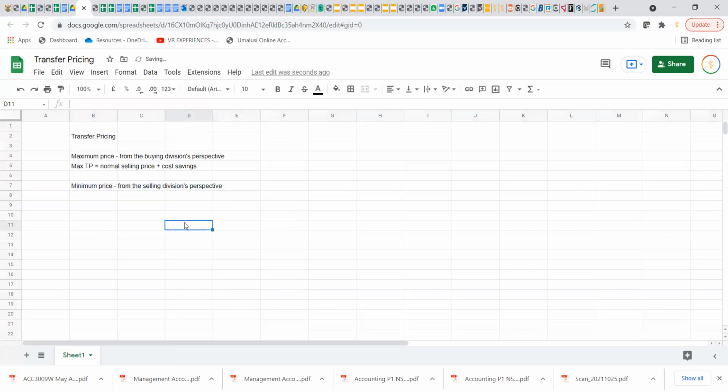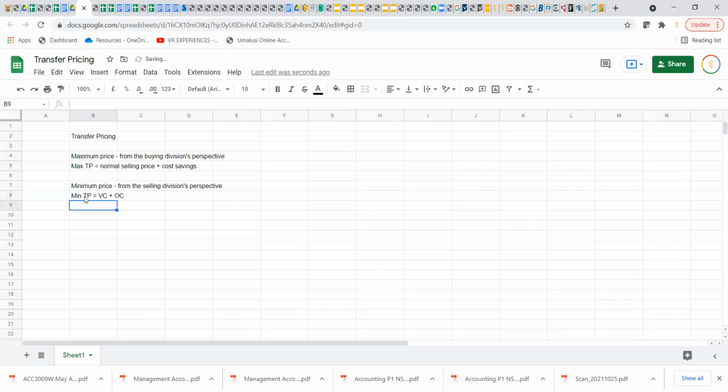Now comes the minimum transfer price. This is a bit more to think about. So the minimum transfer price, like I said, could be like 8 to 10 marks. The minimum TP is equal to variable costs plus opportunity costs.